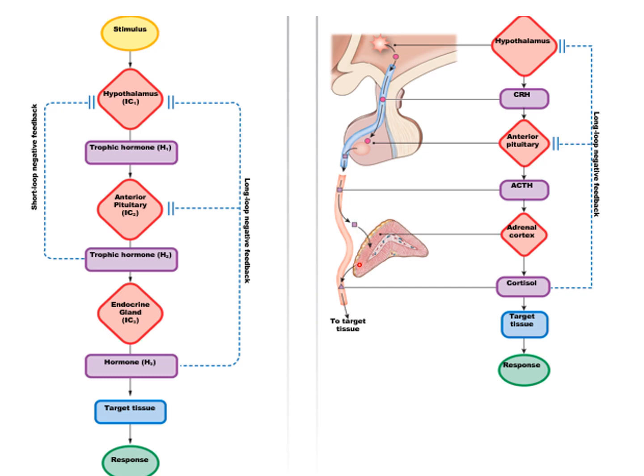ACTH is going to stimulate this outer portion of your adrenal gland, known as the adrenal cortex. Once the adrenal cortex is stimulated, it's going to produce a hormone known as cortisol. Cortisol is going to travel down the bloodstream until it hits its target tissue, and you will get the final response that you are after. So for us to get to that final response, notice how many glands got activated.